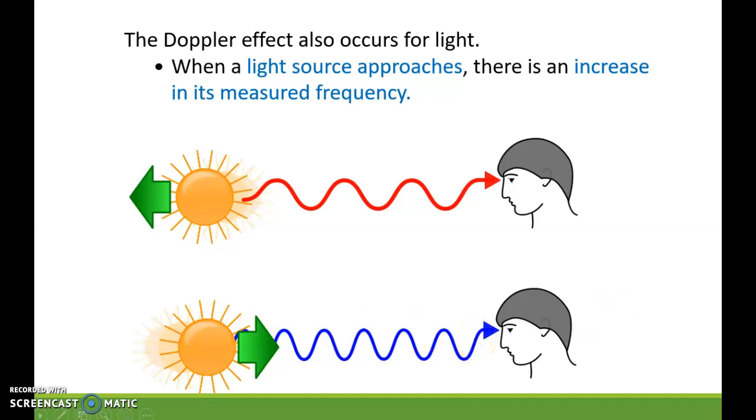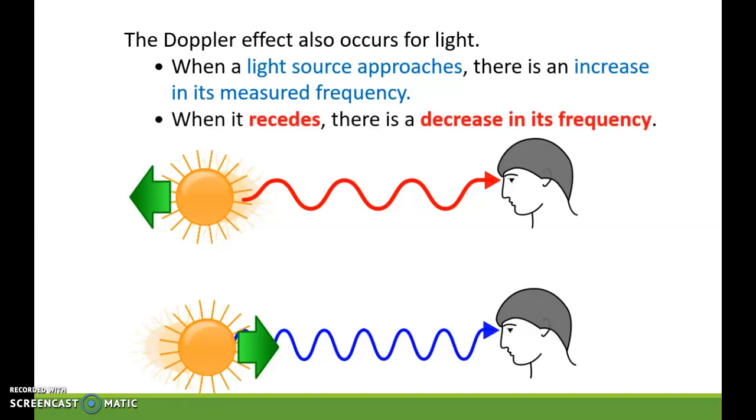So if they're looking at stars or things out in the universe, the ones coming in are going to be more of a bluer shade versus the ones going outward, which are going to be more of a reddish shade. And that has to do with wavelengths again. Remember, the visible light spectrum is based on the wavelengths, so that falls in line with what we talked about before. When it recedes, there is a decrease in frequency.